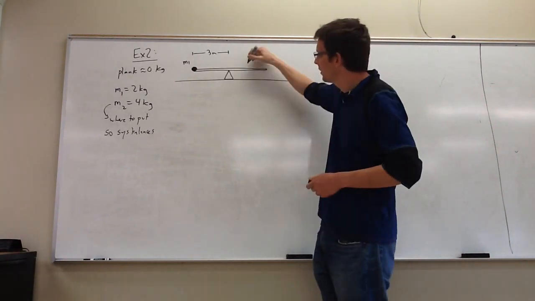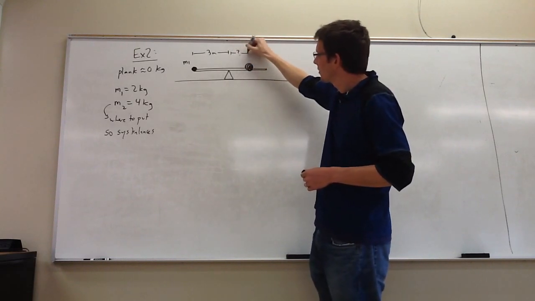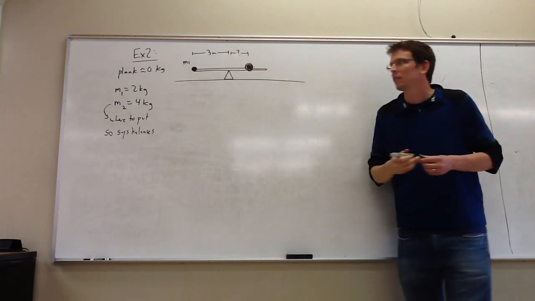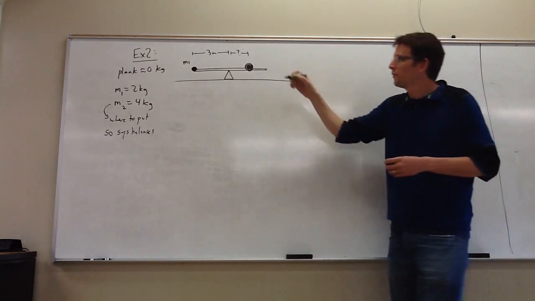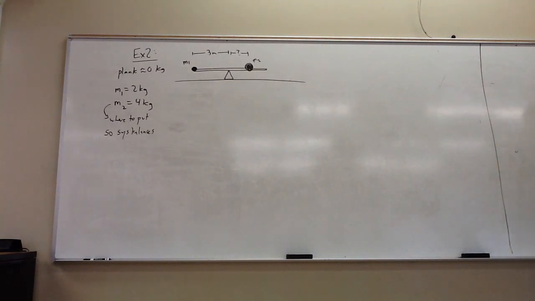No, where do you sit? Somewhere a little closer, right? So I want to know this distance. In fact, you might say, if you're twice as massive, which you are, right? 4 kilograms versus 2 kilograms. If you're twice as massive, don't you just sit half the distance? 1.5 meters?